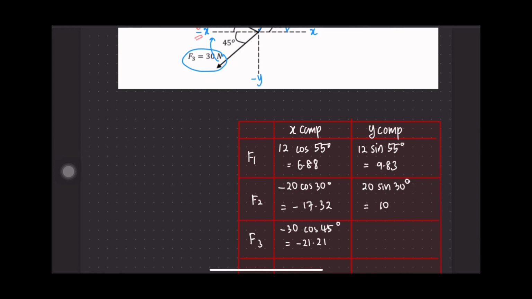Okay, next is F3 go to component Y, negative. So we get negative 30 sin 45 degree. So it will give the same answer because the angle is same for 45 degree.